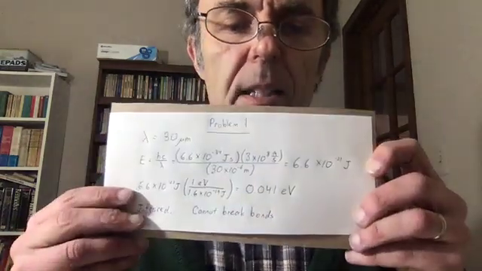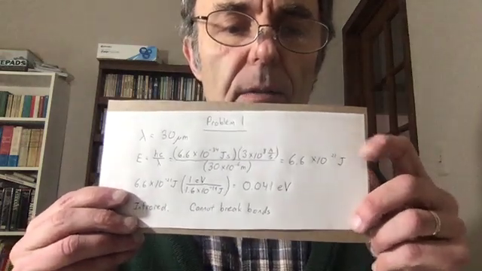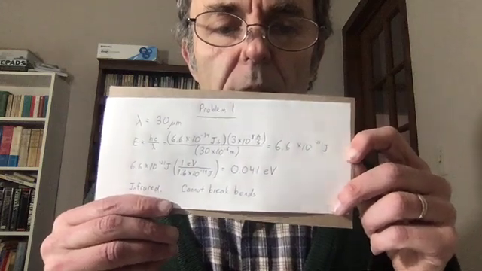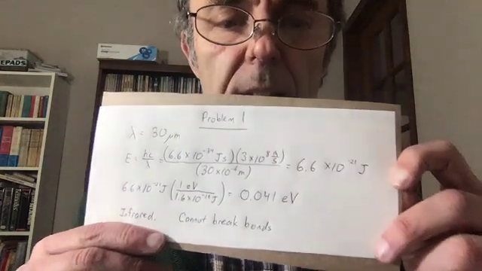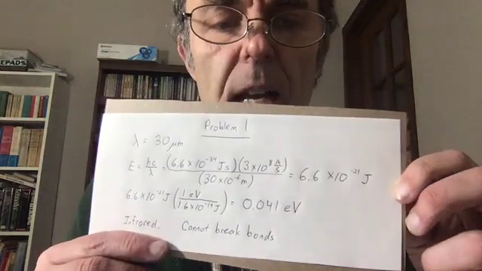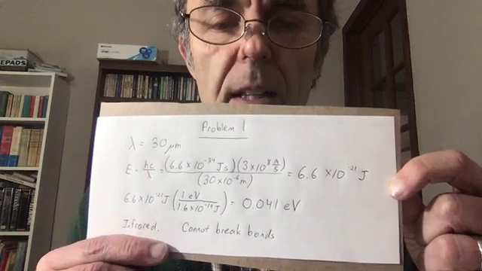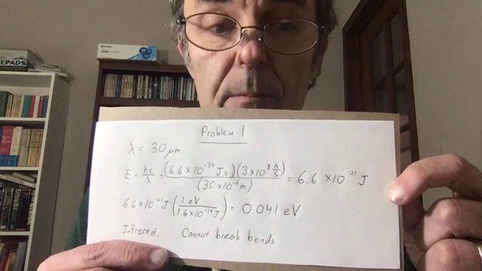Now the problem wants the energy given in electron volts. So you need to remember the conversion factor to go from joules to electron volts. 1 electron volt is 1.6 times 10 to the minus 19 joules. So you do that conversion, and what you find is that the energy of a photon is 0.041 electron volts.